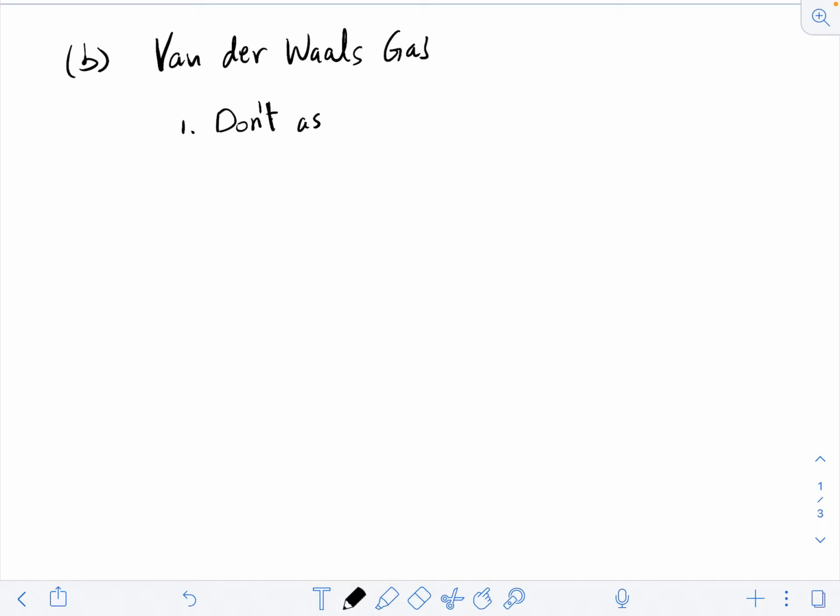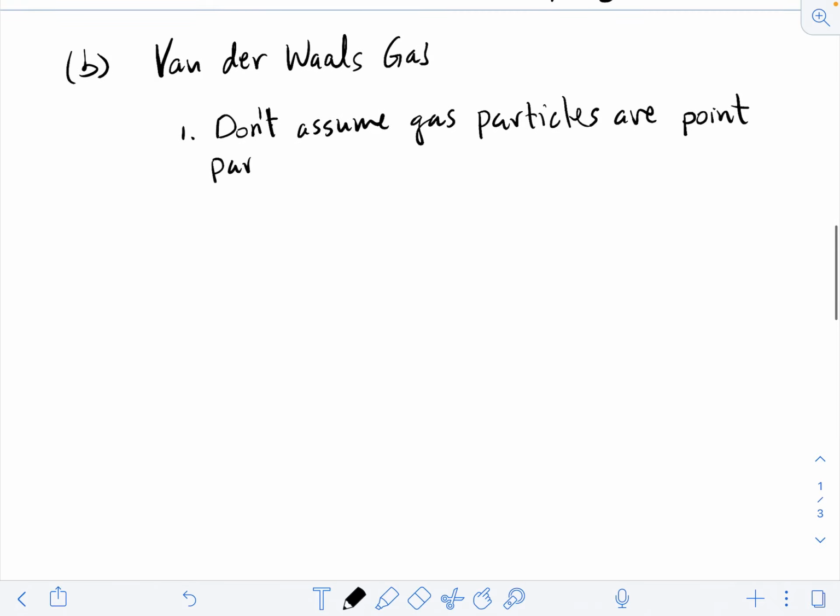So we're not going to make that assumption, so don't assume the gas particles are point particles. We're going to assume that they are hard spheres.